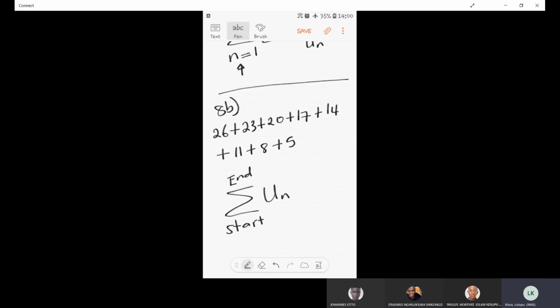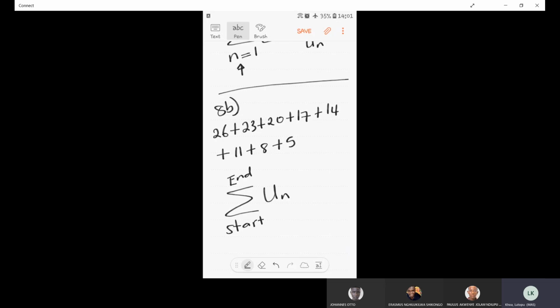The sequence or series that we give you will always be arithmetic or geometric. Maybe some other simple ones, where it's squared and you should be able to see the pattern, but it won't be any other complicated formula.